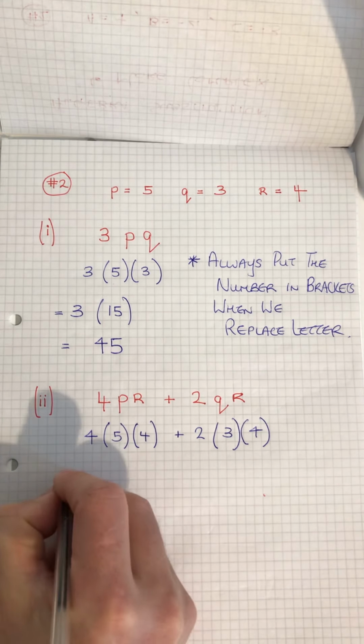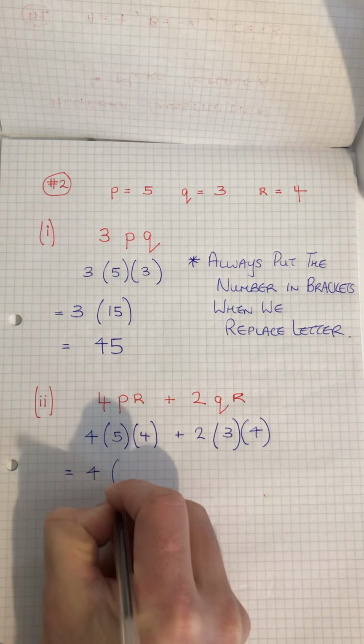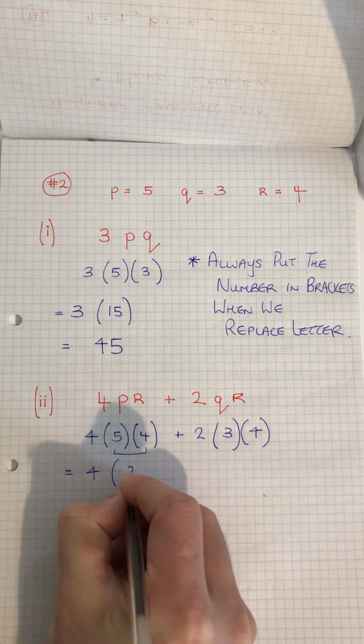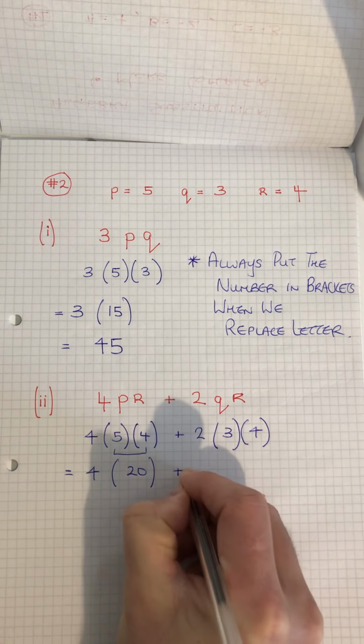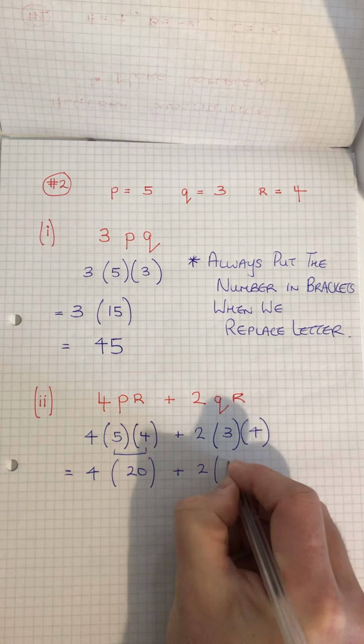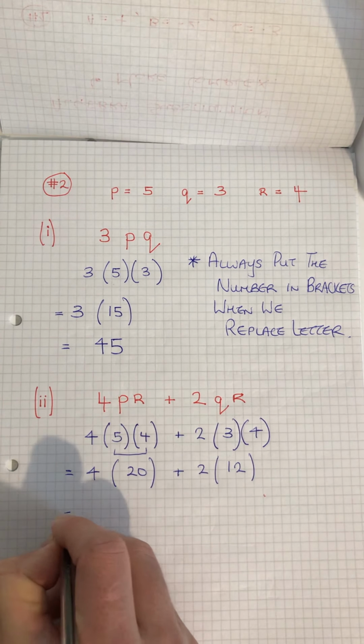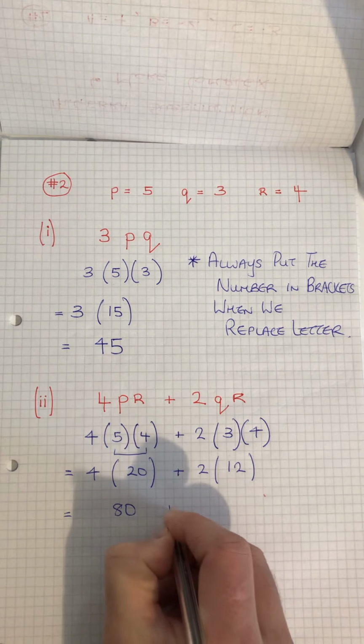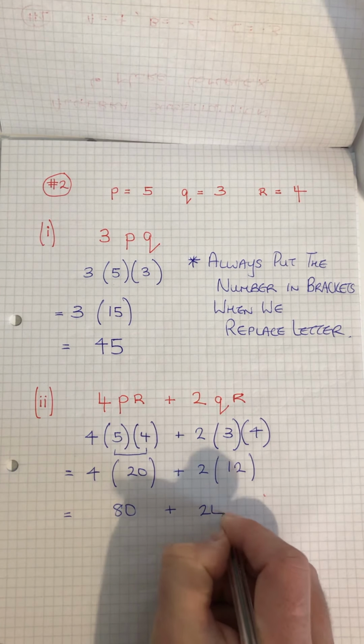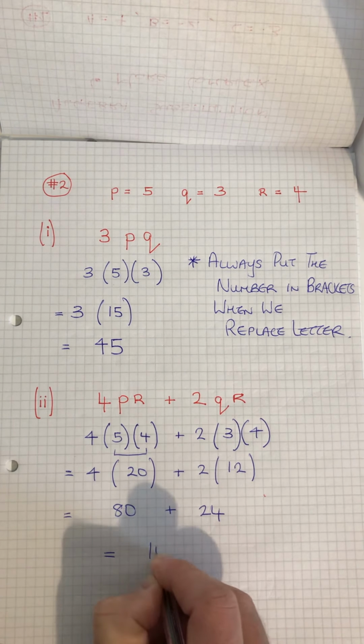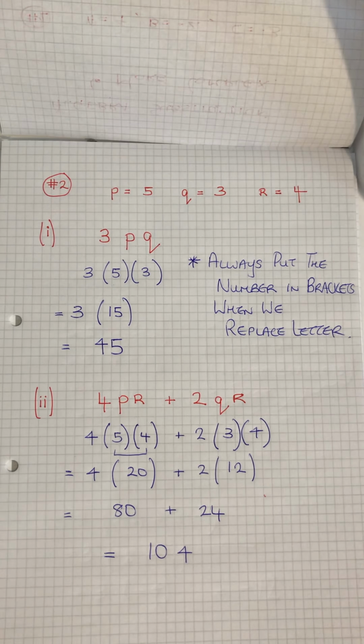So brackets is multiplies, so 4 times 5 times 4 is 20, plus 2 times 3 times 4 is 12, 4 20s are 80, 2 12s are 24, which gives me equal to 104.